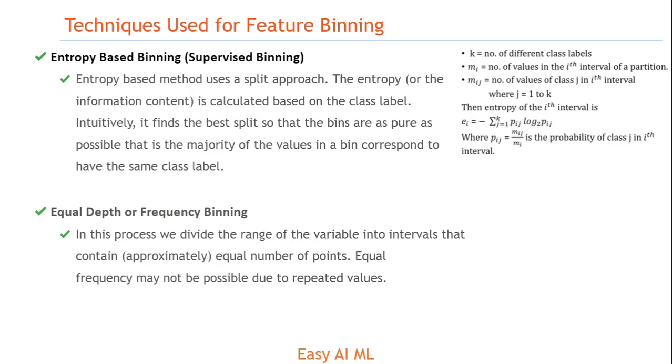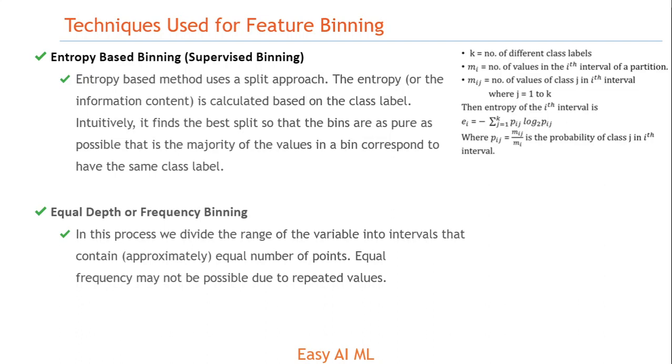Let us understand techniques used for feature binning. There are two techniques: one is entropy based binning, which is supervised binning, so that is a formula based binning, and there is equal depth or frequency binning. I have been using equal depth or frequency binning very frequently. So this is the process: we divide the range by intervals.